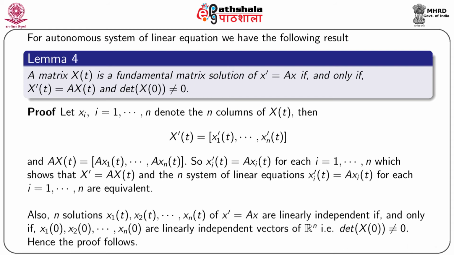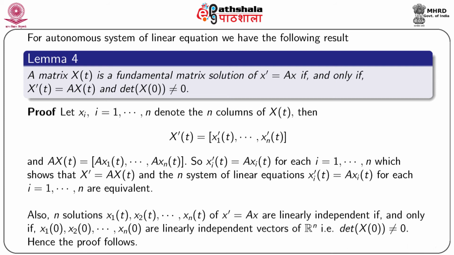Then x dash t is equal to x 1 dash, x 2 dash t dot dot x n dash t, and A x t is equal to A x 1 t, A x 2 t dot dot A x n t, so that x i dash t is equal to A x i t for each i equal to 1, 2 dot dot n, which shows that capital X dash is equal to A x t, and the n systems of linear equations x i dash t is equal to A x i t for each i equal to 1, 2 dot dot n are equivalent.